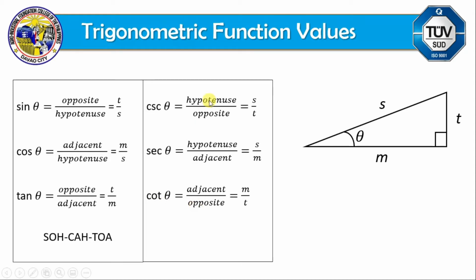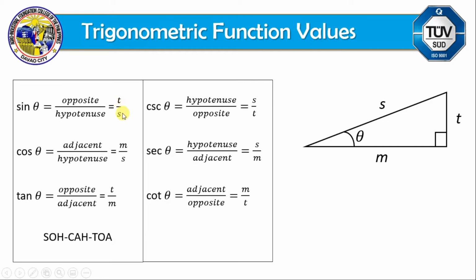Na kung mapapansin ninyo, okay, kung titingnan nyo yung nasa kaliwa, okay, this is the sine theta. Dito, opposite over hypotenuse. Dito naman, hypotenuse over opposite. Kung dito, t over s, dito, s over t. So, parang in-interchange lang natin. Ang tawag dito is, we just took the reciprocal of the value of the sine of the angle.